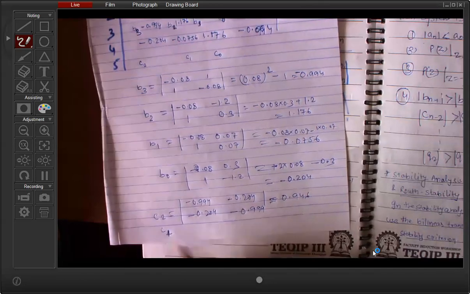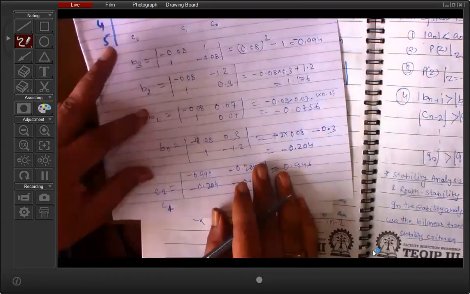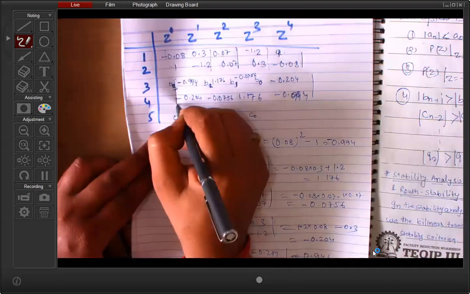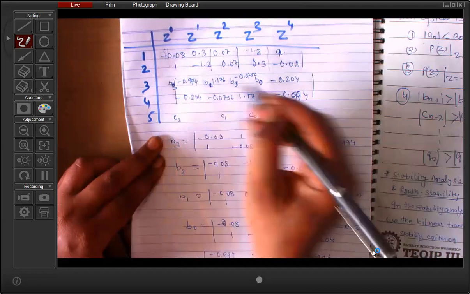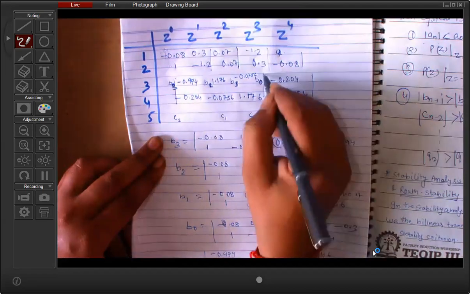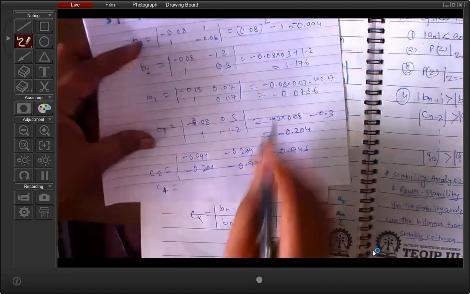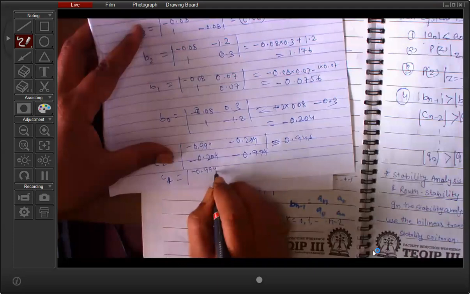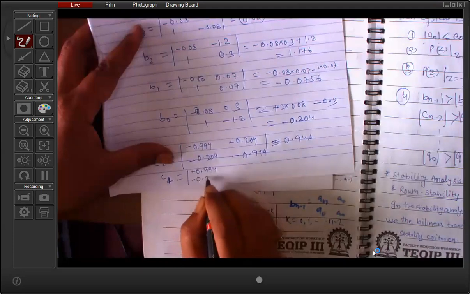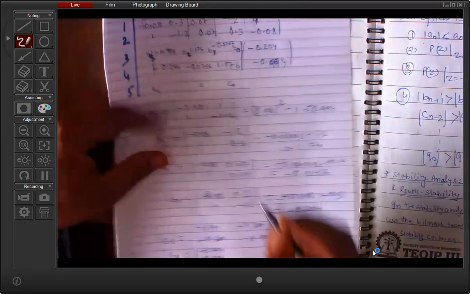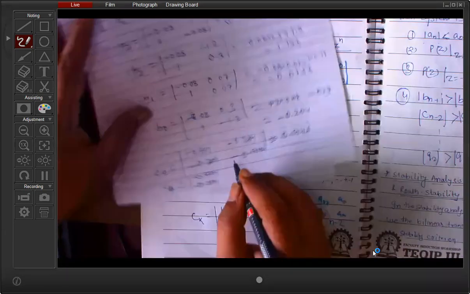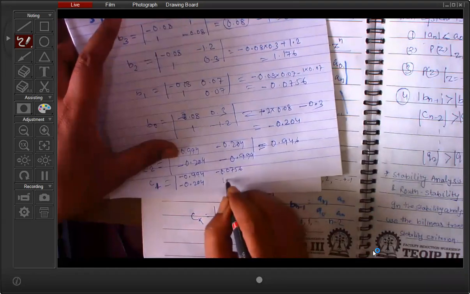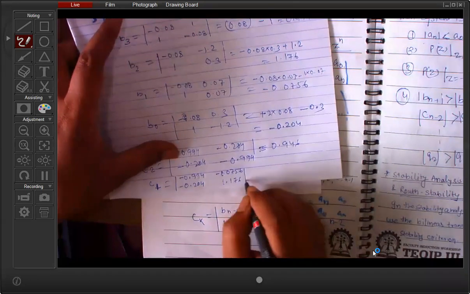Next, C1. What is the magnitude of C1? Again, first 0.994 and the last element. That means minus 0.994, minus 0.204 and minus 0.0756 and 1.176.